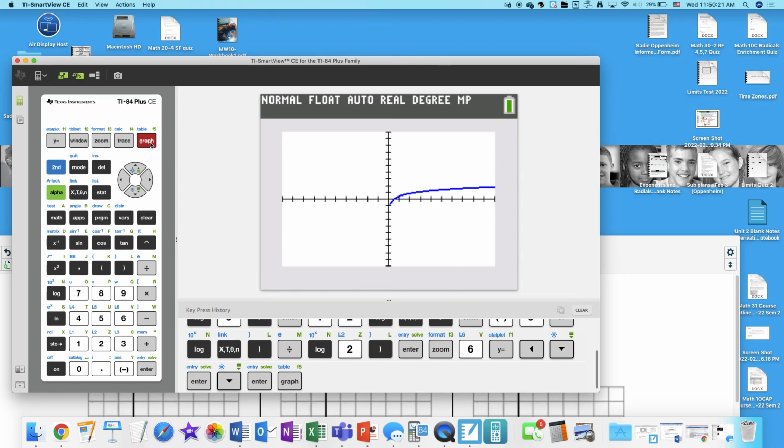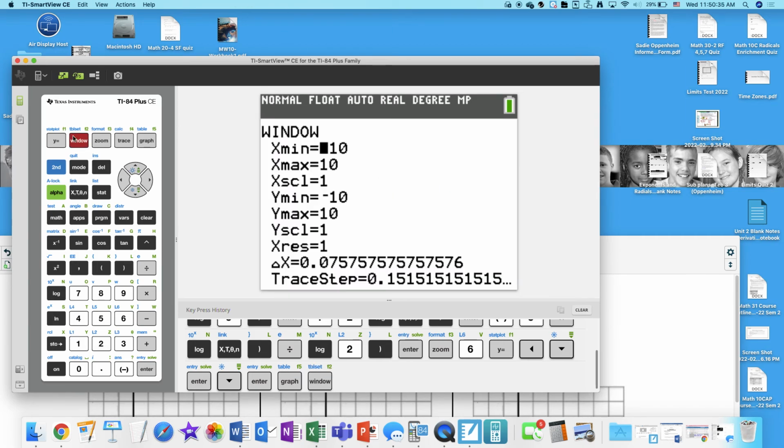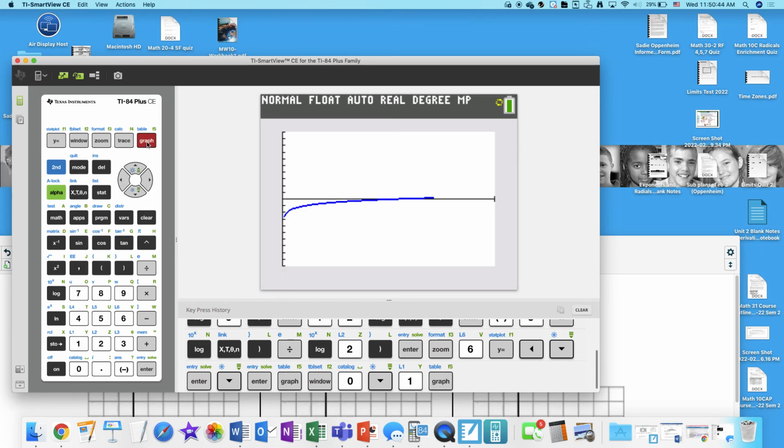So what I actually want to do is change the domain. I want to stretch this out, essentially. So I am going to change the window settings so that my x-min is maybe 0, and my x-max is 1. And then I'm going to graph it. You can see it actually goes down a little further. Now I'm going to stretch this out a bit.